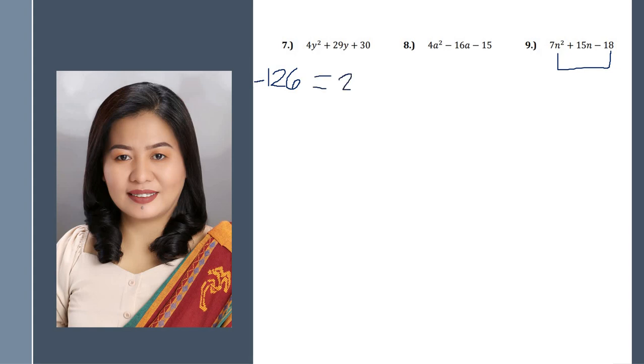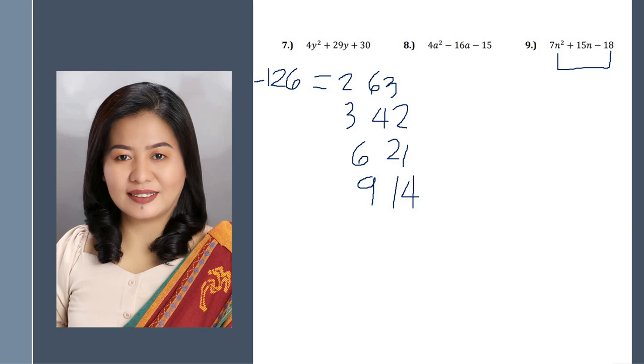So we start with 2 and 63. Then we have 3 and 42. 4 is not. 6 and 21. 9 and 14.